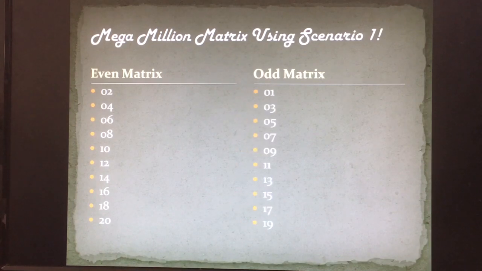Same goes for the odd matrix. The odd matrix is 01, 03, 05, 07, 09, 11, 13, 15, 17, and 19. So now all you gotta do is play the other 34 odd numbers, or 33.